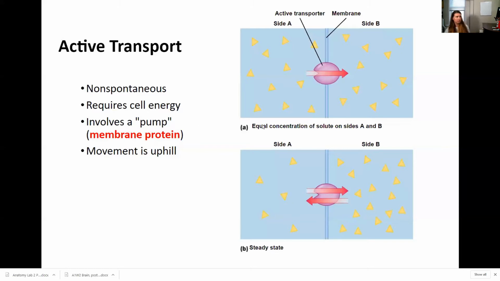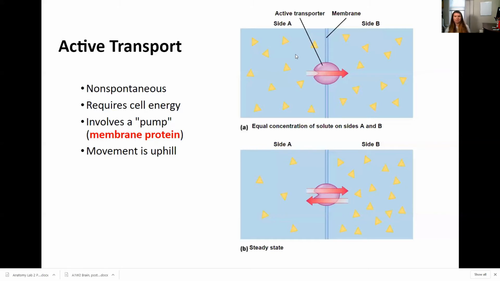So here in this example, we see at the beginning, we have an equal concentration of solutes on side A and side B. So say inside the cell and outside the cell. So under normal circumstances, we're not going to have any net movement of these molecules. We're not going to have any passive transport happening because they're already at equilibrium. They're already evenly spaced out.